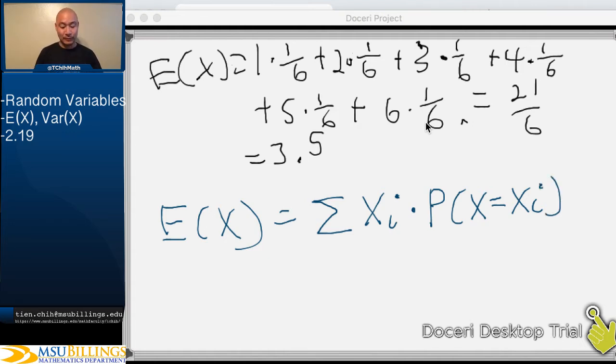And that's exactly what I have here. It's like the first x_i, which was 1, times the probability that it's 1, plus the second x_i, which is 2, times the probability that it's 2, and so on and so forth. Oh, I'm pointing at this thing like anyone can see that, right? 1 times 1/6, 2 times the probability that it's 2, 3 times the probability that the outcome is 3, and so on.